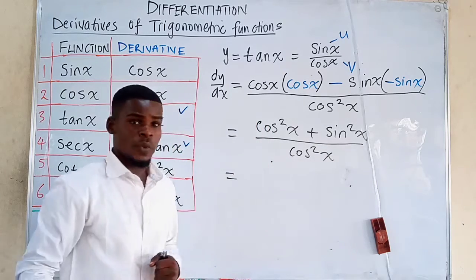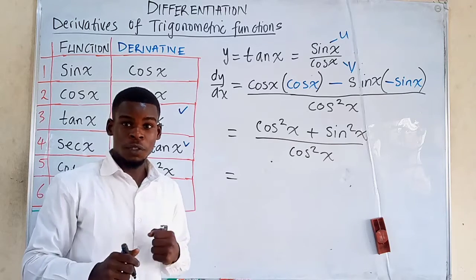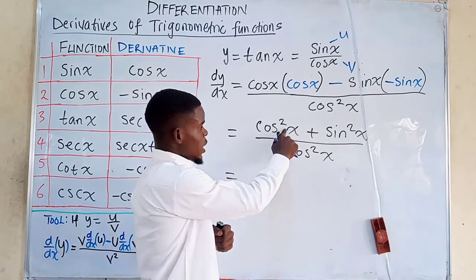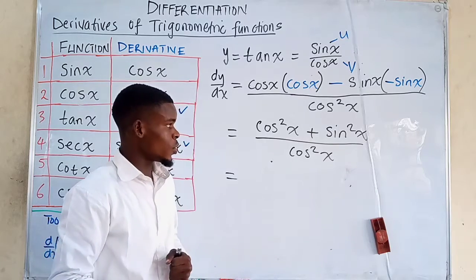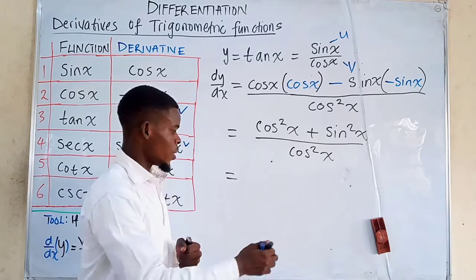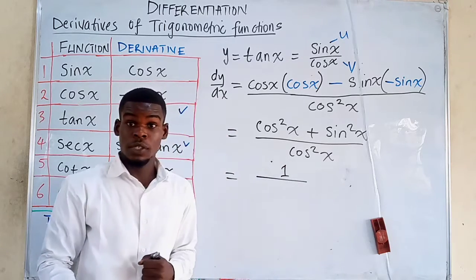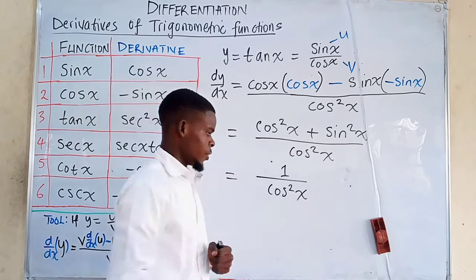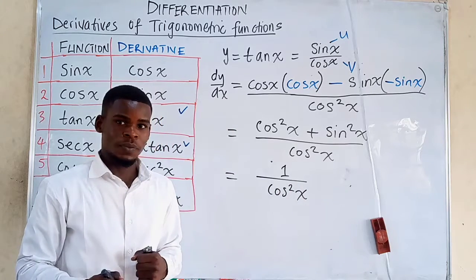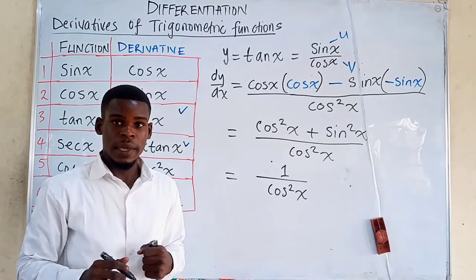Okay, this is what we've got. In the numerator, we have the sum of two perfect squares. Well, from trig identities, when we have cosine squared of an angle plus sine squared of that same angle, the result of that sum is going to be 1, all right? Okay, good. And then the denominator is just cosine squared x. Great. Now, very wonderful. We have 1 over cosine squared x.